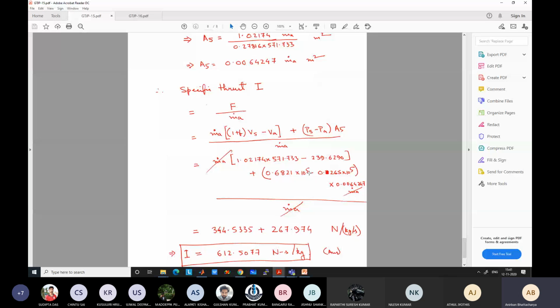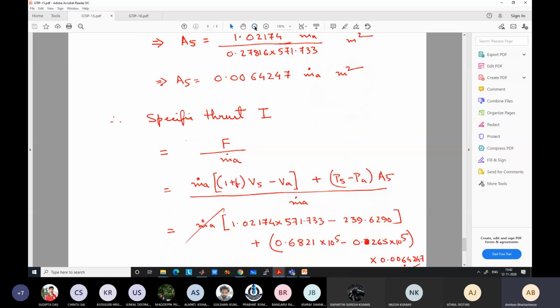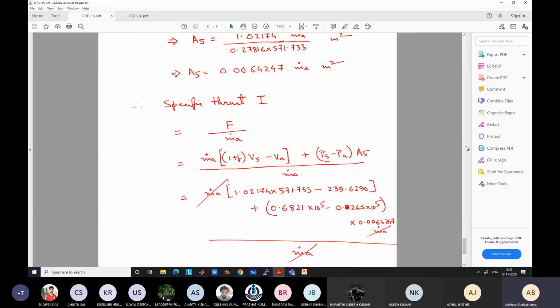If we now repeat those calculations for other design parameters, remember the important design parameters. There are two important design parameters for any jet engine, meaning input parameters. One is the compressor pressure ratio, and the second is the turbine inlet temperature. Apart from this, there are three more parameters: inlet temperature, inlet pressure, and inlet Mach number.